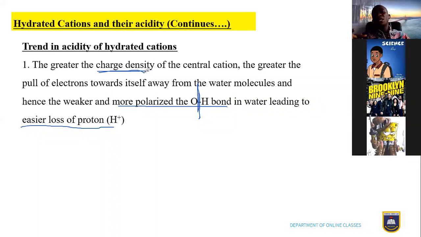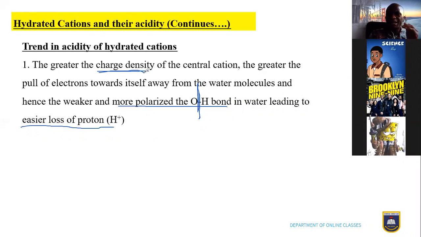When that happens, it weakens the bond. It becomes easy for the bond to break and for H plus to be released into solution. That hydrated cation then becomes a strong acid.